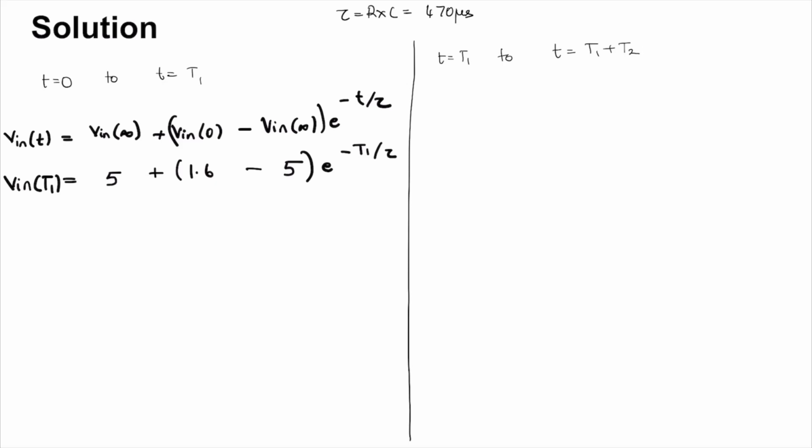In our analysis, Vin of t1 is 2.4, which is input high. If you work this out and invert the exponential, you will find that t1 is 126 microseconds.